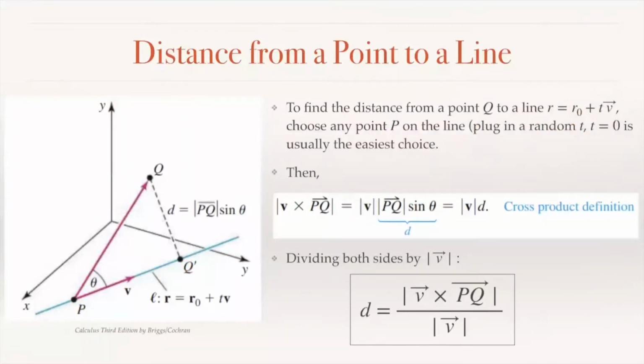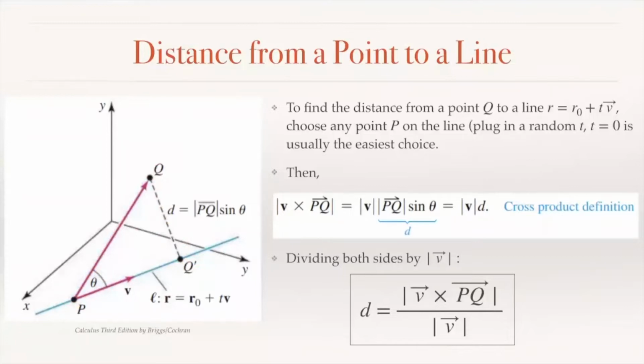And now we know that v cross PQ is, by definition of the cross product, in magnitude equal to the magnitude of v times the magnitude of PQ times sine of theta, as illustrated here. Recall that from the chapter 13.4 lecture.